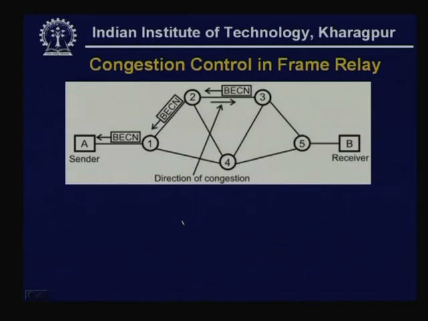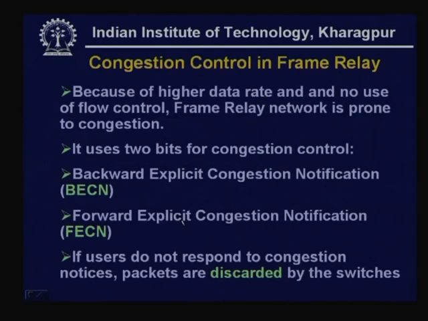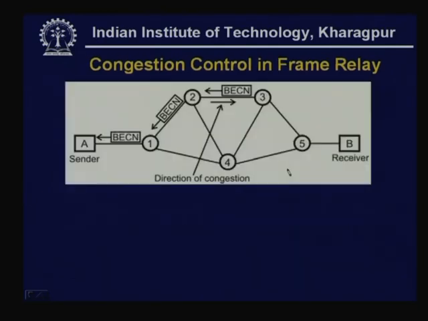BECN stands for backward explicit congestion notification. Let us see how it really works. A packet is going from the sender in this direction, and it has been found that beyond this point in this direction, there is congestion.